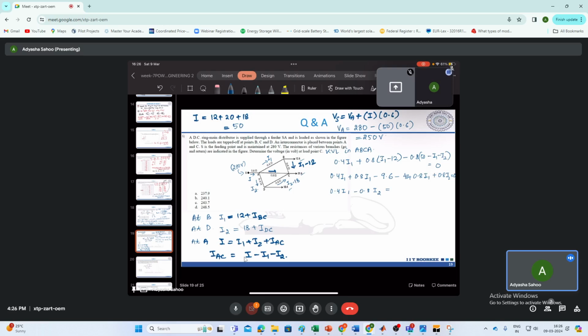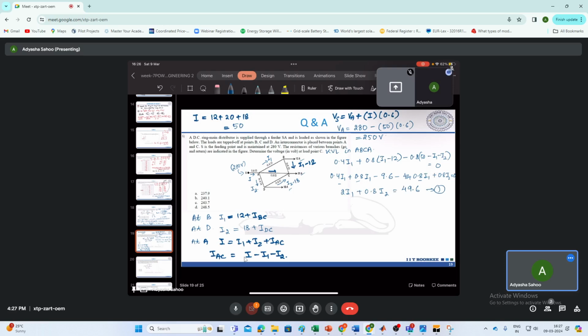So 1.6 I1 plus 0.8 I2 equal to 49.6. This is equation 1.